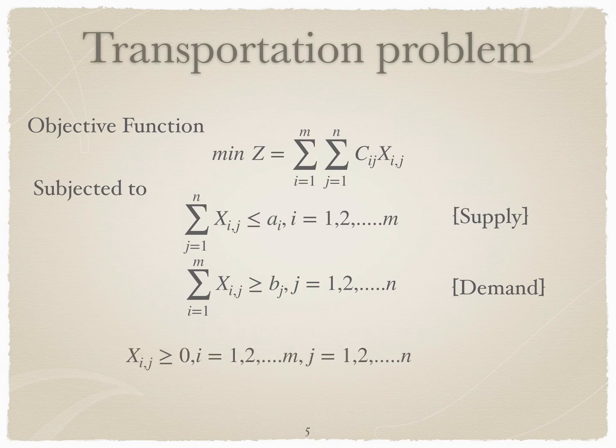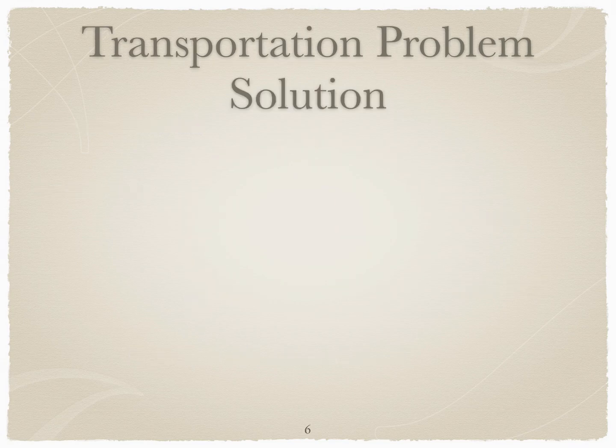So this should be greater than or equal to the demand of the warehouse j. Similar to linear programming problem, non-negativity constraints are there. That is, the quantity transported from source i to destination j should be greater than or equal to 0.